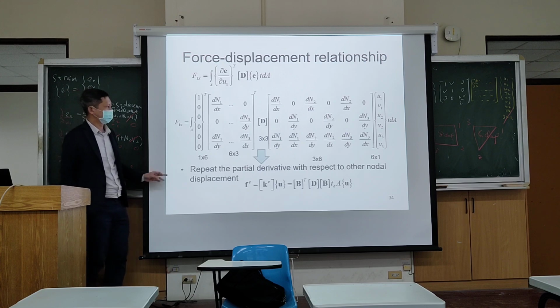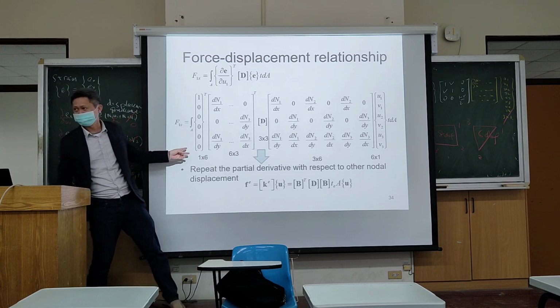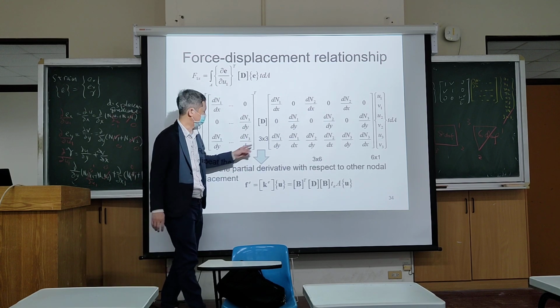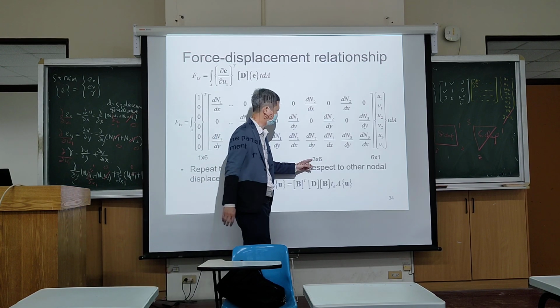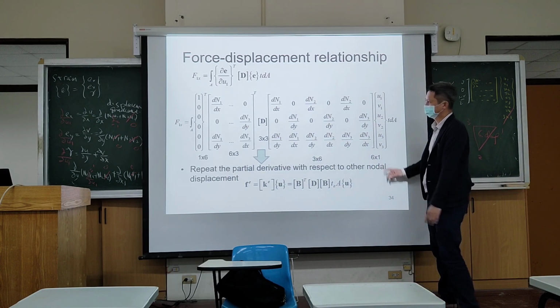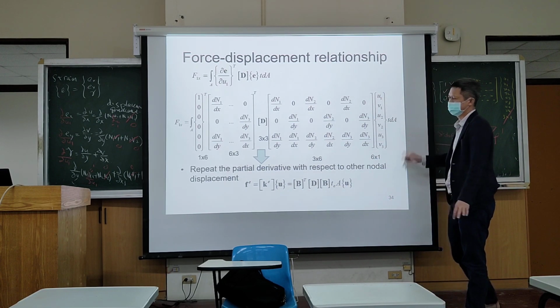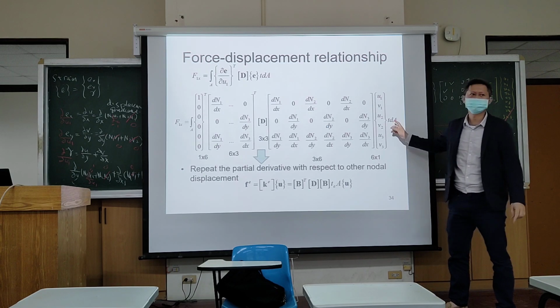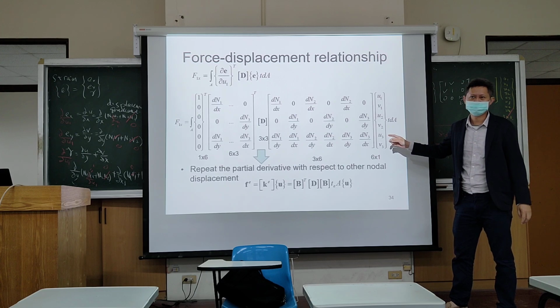Okay, so what is the size of the whole expression? It's 1 by 6 times 6 by 3 and times 3 by 3 times 3 by 6 and then 6 by 1. So after all this handling, you have only a scalar force.